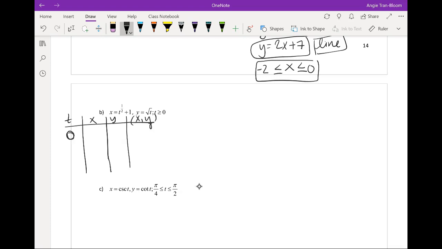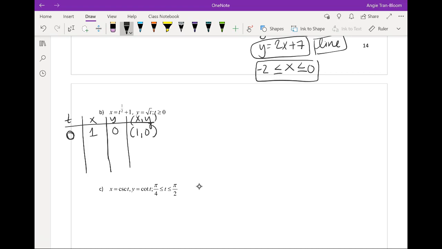Perfect. All right. When time is 0, Kayla, where is this object on the x-coordinate? 1. Beautiful. When time is 0, Ellie, where is this object on the y-coordinate? 0. Beautiful. So my first dot is 1, 0.